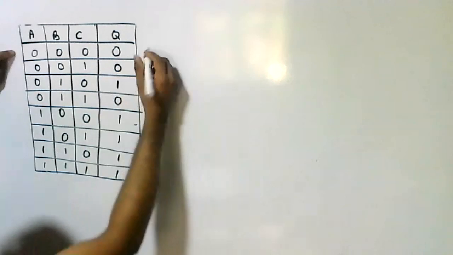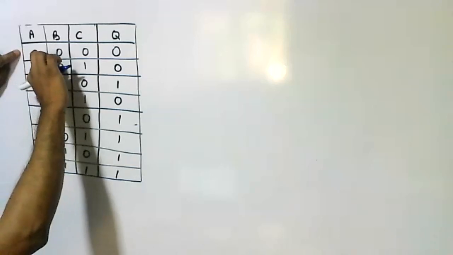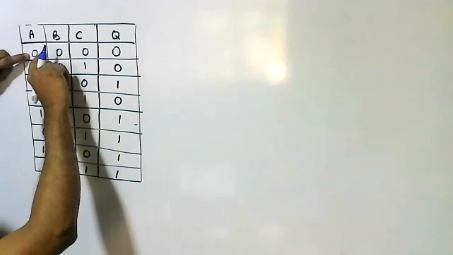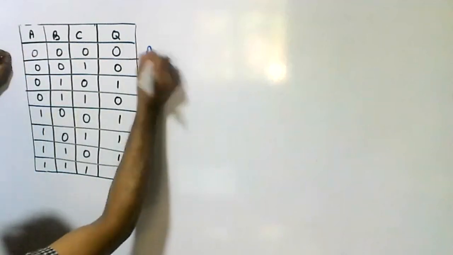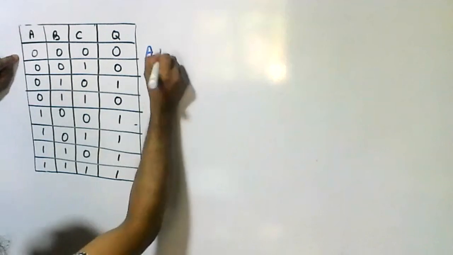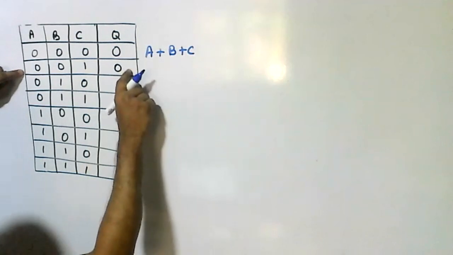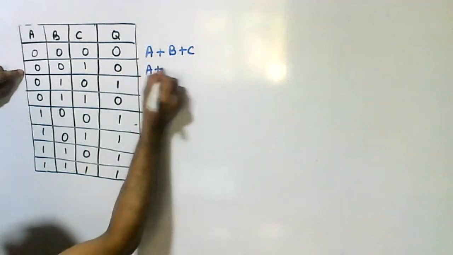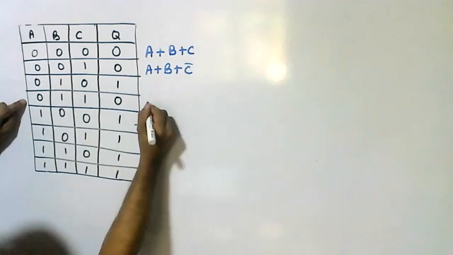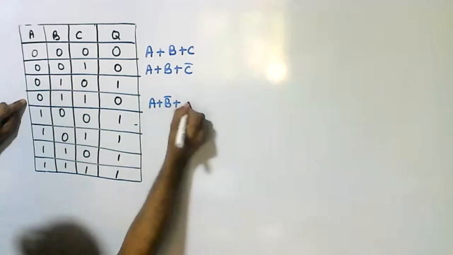Right. While taking maxterms, if the variable is 0, we take the normal variable, and if it is 1, we take the complement. So for A, B, C where the output is 0, we take the maxterm A + B + C. And here the output is 0, so we take the maxterm A + B + C bar, and here A + B bar + C bar.